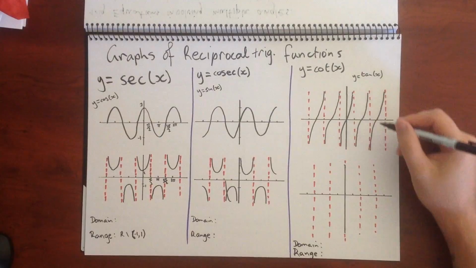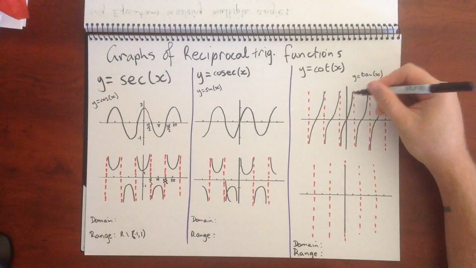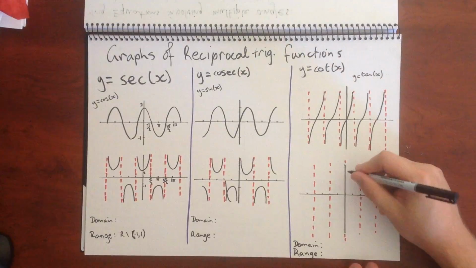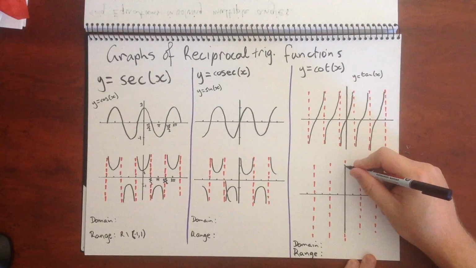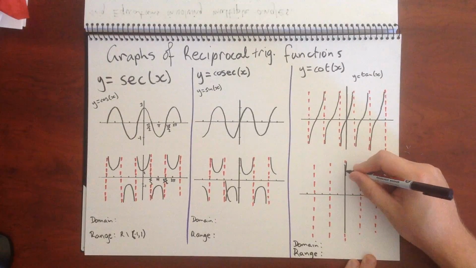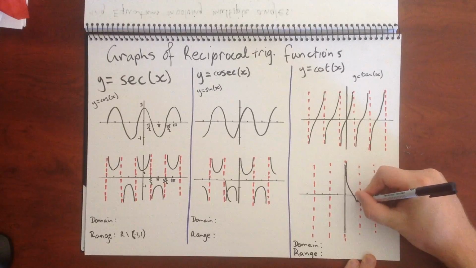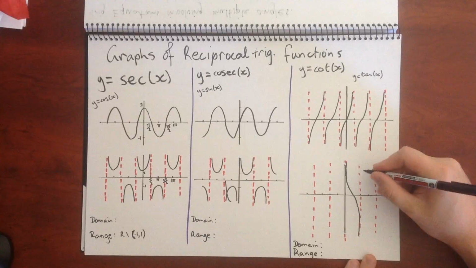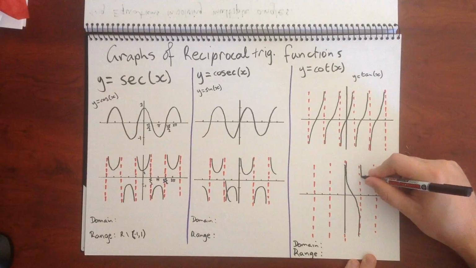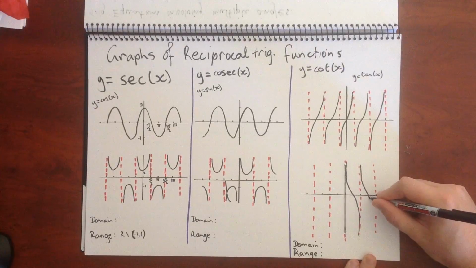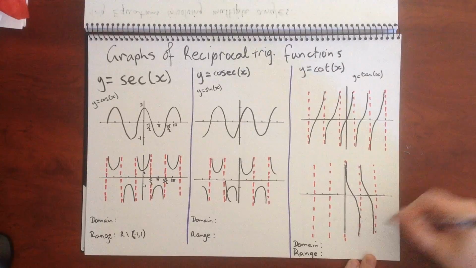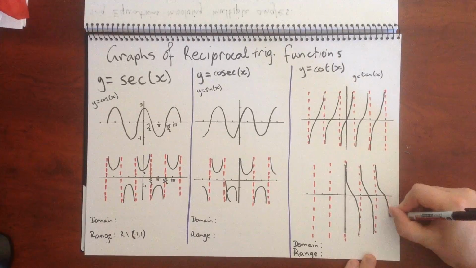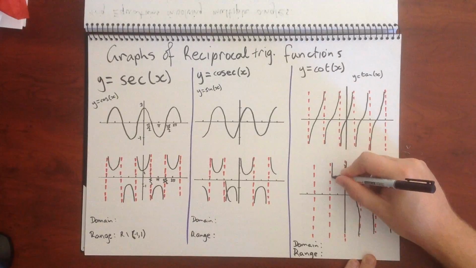It's a little bit counterintuitive, but it actually looks very, very similar to tan. It's just that it slopes the other way. So you can get the idea there.